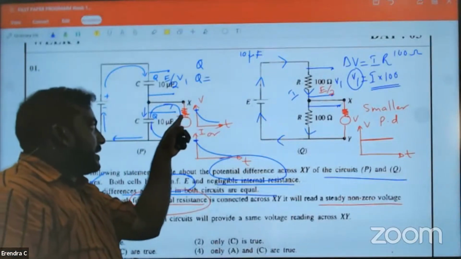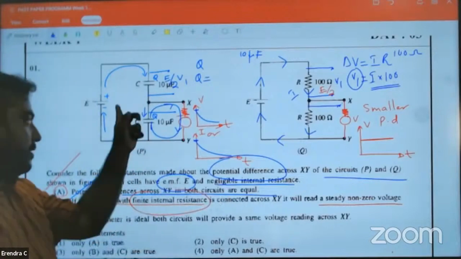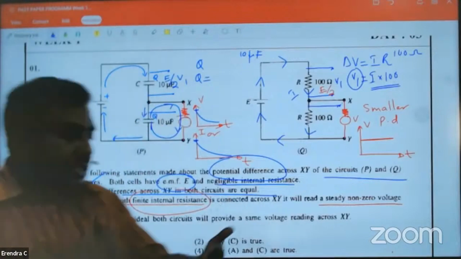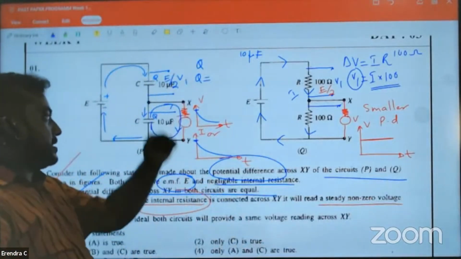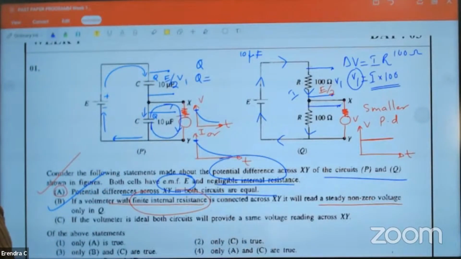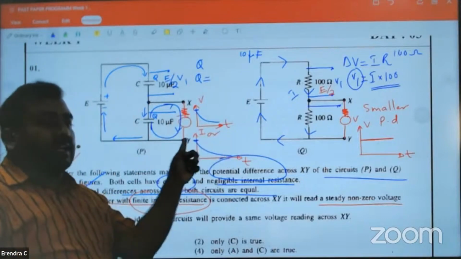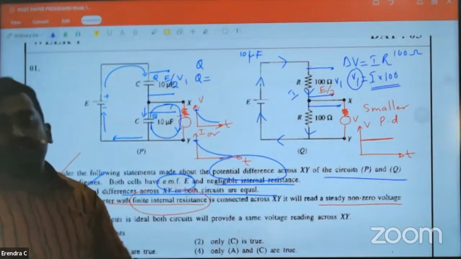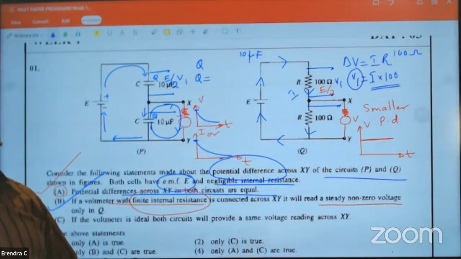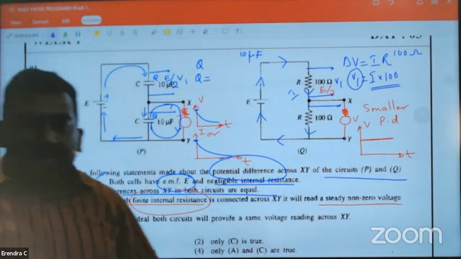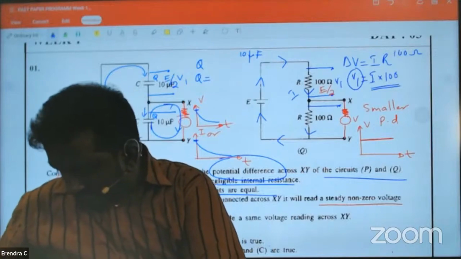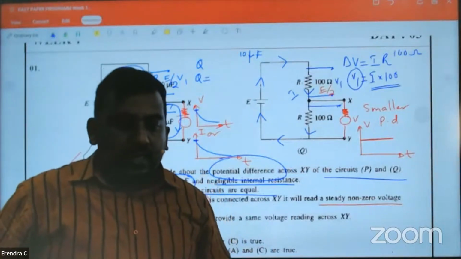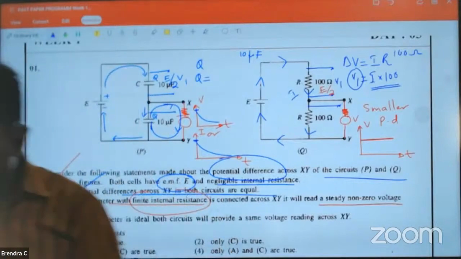But when we connect the capacitor, the capacitor will discharge.